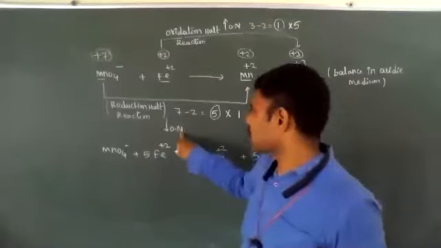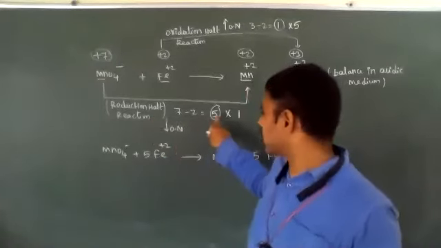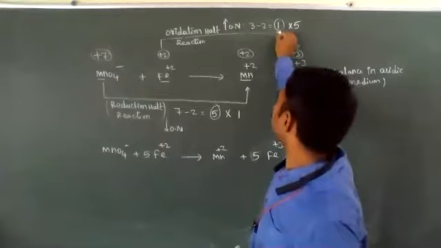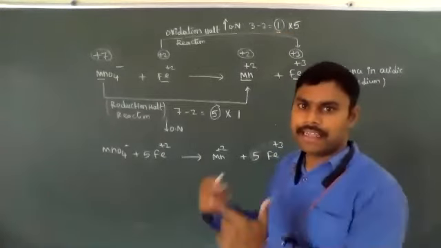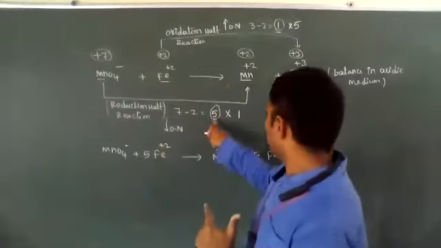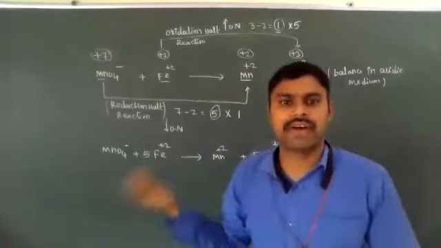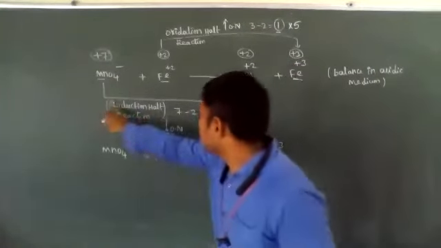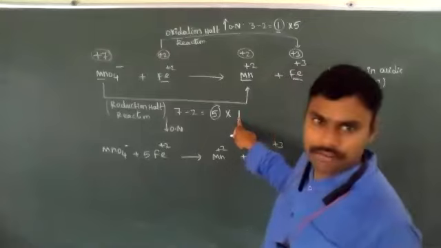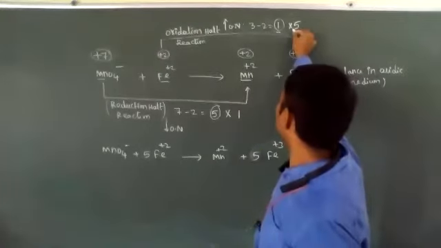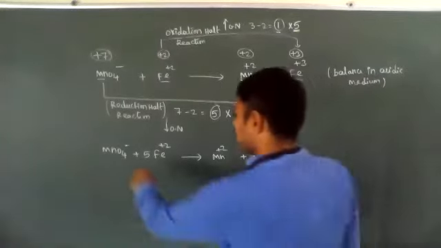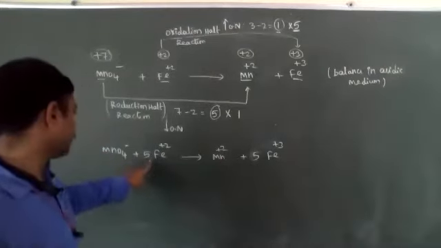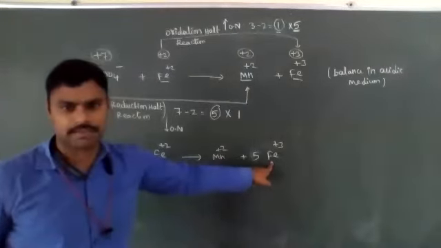In the reduction reaction, we need to identify how much the oxidation number decreases. In the oxidation reaction, we need to identify how much the oxidation number increases. The simplest ratio of 5 and 1 is 5:1 only. Both are odd numbers. That's why the reduction reaction is multiplied with 1 and the oxidation reaction is multiplied with 5. Means 1 MnO4 minus, 1 Mn plus 2 is present, 5 Fe plus 2, 5 Fe plus 3.